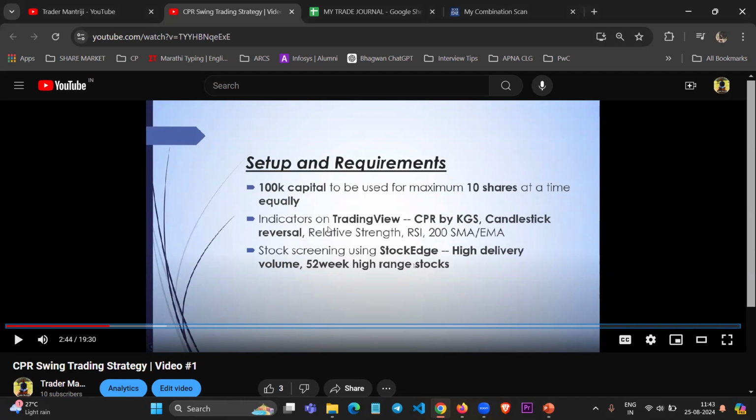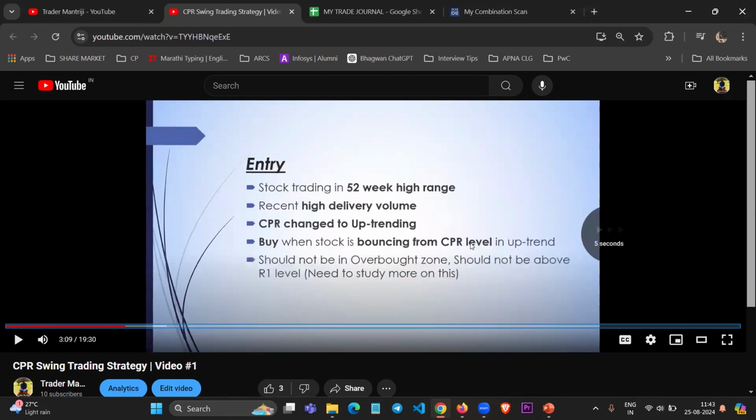One indicator we are using is CPR, and then we are using a candlestick reversal indicator, and these are the 2-3 indicators that I thought I would study more and might use in the future. One of the indicators was the 200 EMA or SMA, and based on that we will revise our entry criteria.